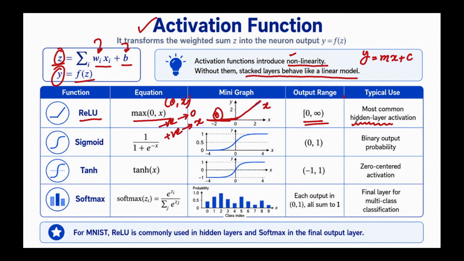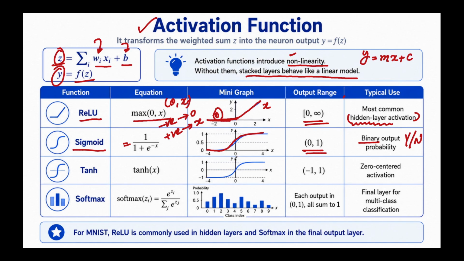Second activation function is sigmoid. The sigmoid function outputs values between 0 and 1. Its equation is 1 divided by 1 plus e power minus x. Sigmoid is useful when we want a binary probability, for example yes or no, spam or not spam, dog or not dog. But for hidden layers in deep networks, sigmoid can sometimes cause the gradient to become very small.